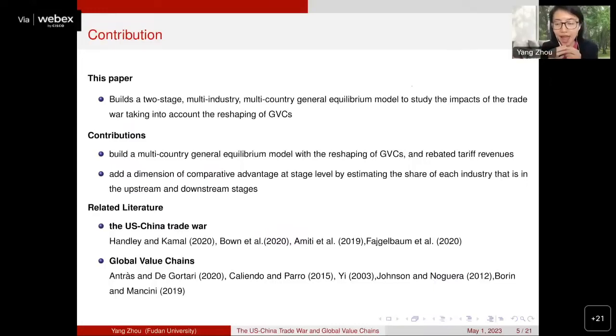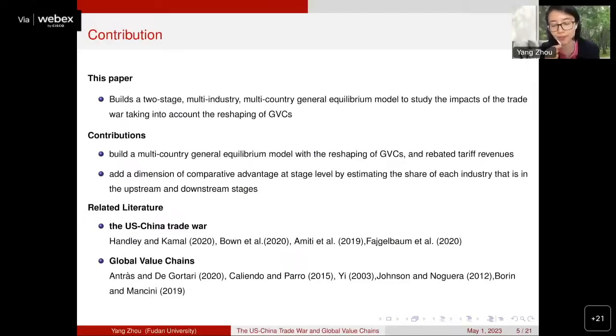As I emphasized before, we allow countries to freely change their sourcing places without any frictions. And we built the general equilibrium model with the reshaping of GVC, and it allows tariff revenue to be collected and rebated to the local consumers.